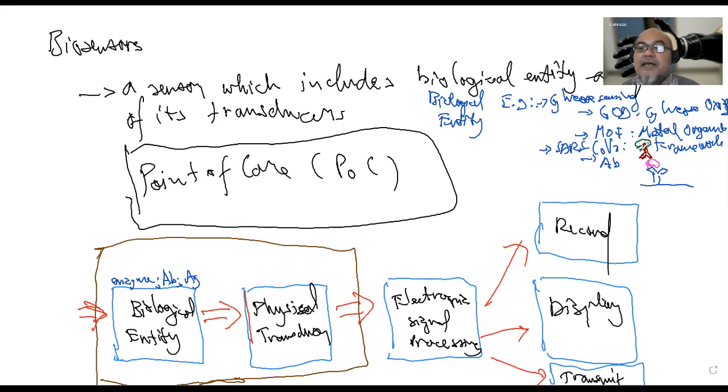So this is why we see a color change, a colorimetric change. On the other hand, if we want to detect antibody, then we have to attach antigen. You understand? So, for example, at the onset of the pandemic, people used this antibody detection. They detect the presence of IgG and IgM.